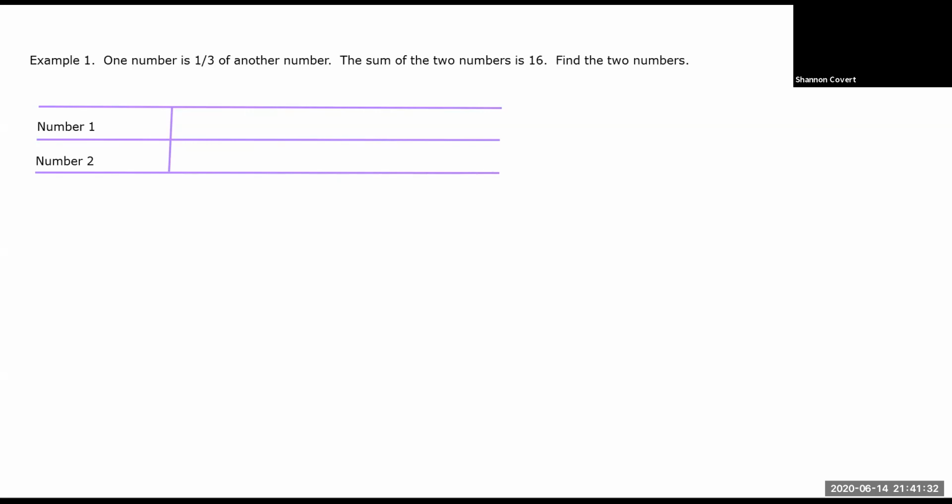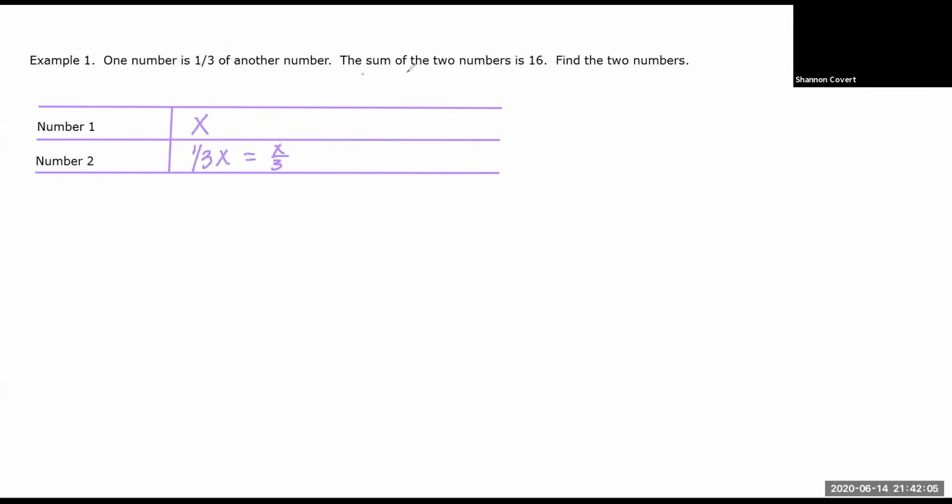Example 1, one number is 1/3 of another number. The sum of the two numbers is 16. Find the two numbers. I've got my table. The first variable is number 1. The second variable is number 2. If I call number 1 x, then the other number is 1/3 of that number, 1/3 x, which ends up being x over 3.